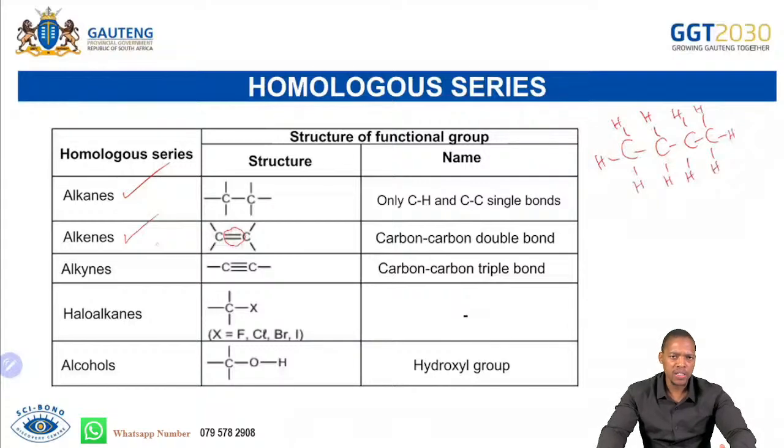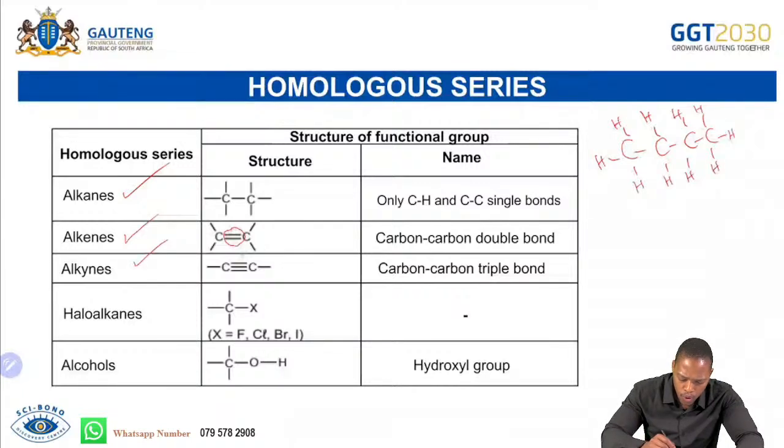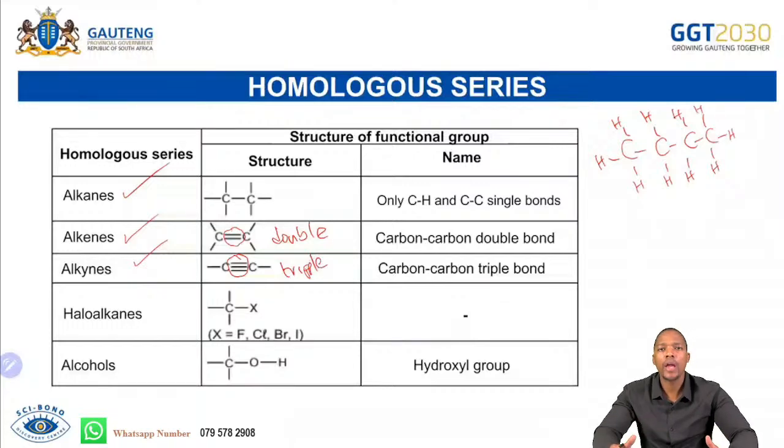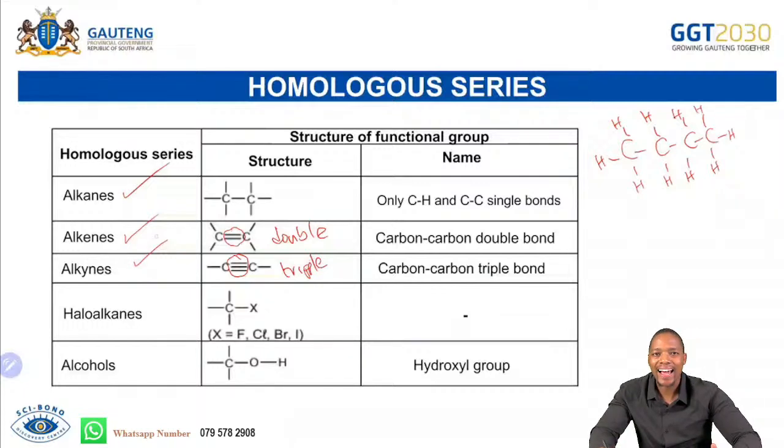I hope this is making sense, and making this new language we are learning easy. All I look for is, are they single bonds? Are they double bonds? And for alkynes, which is the third type, we look for triple bonds. If we have triple bonds between the carbon atoms, then these are alkynes.